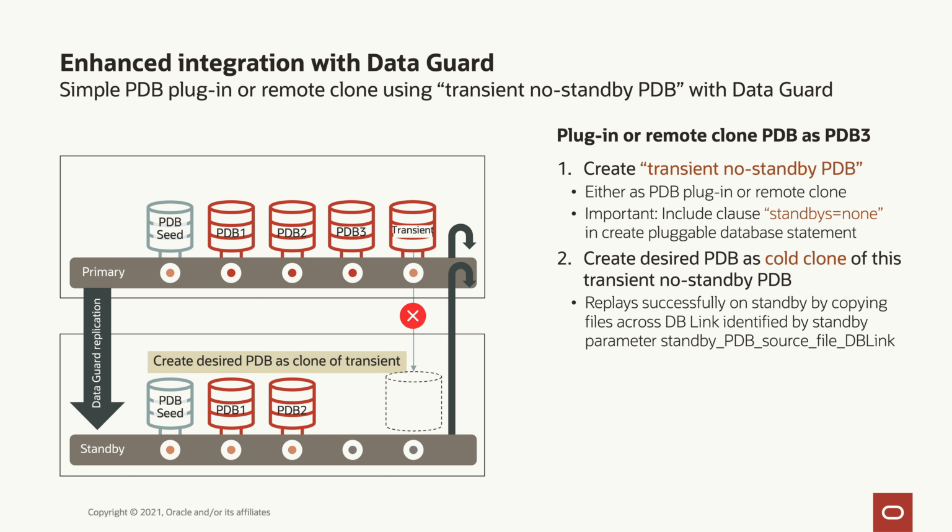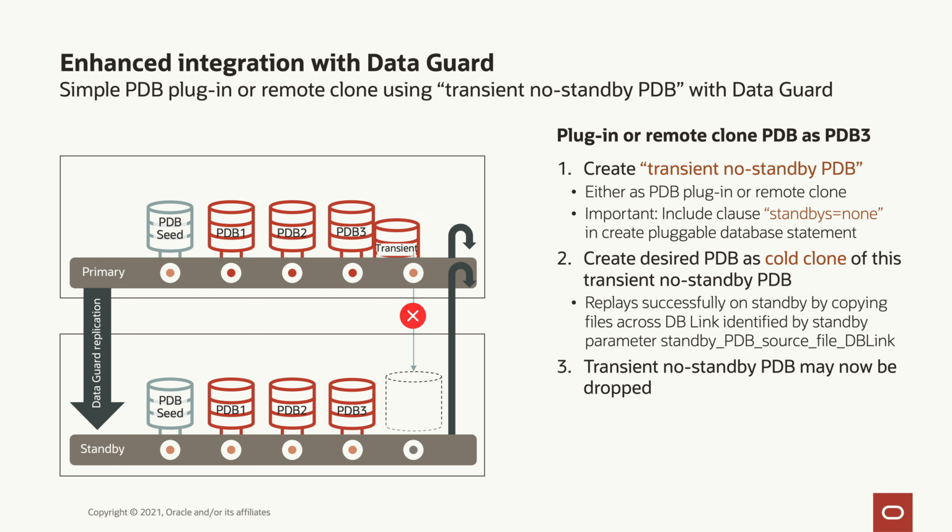This replays successfully on the standby by copying the PDB's data files across the database link identified by the parameter standby PDB source file DB link. The transient no standby PDB may now be dropped. So what seemed to be a relatively complicated procedure is reduced to this simple 1, 2, 3.